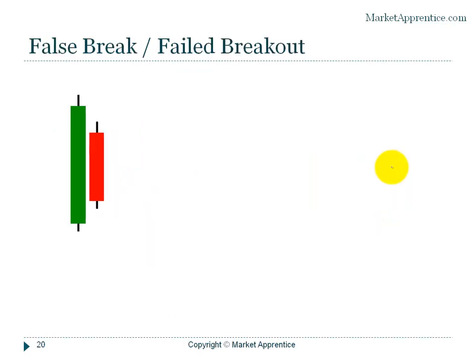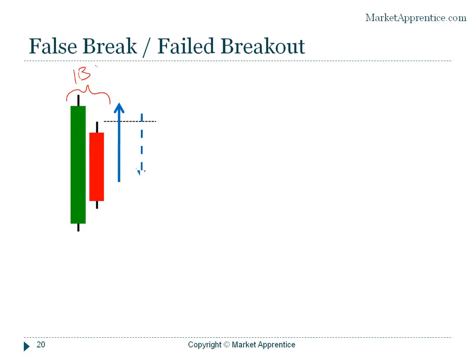The forced break or failed breakout. Now, to illustrate this candlestick pattern, first look back at an inside bar. These 2 bars represent an inside bar pattern. However, on the third session, price initially broke above the inside bar.